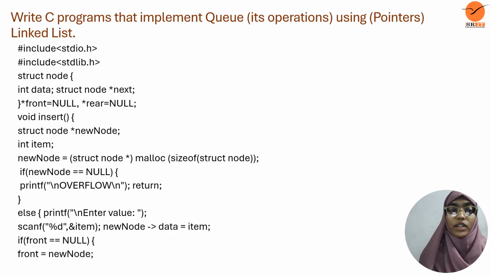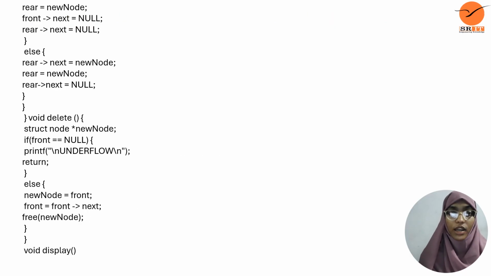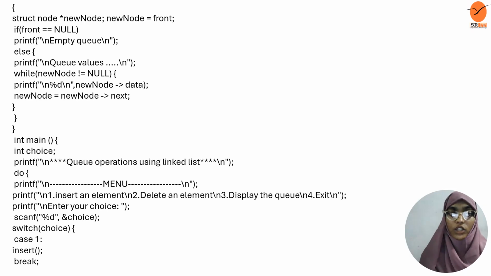And we wrote the void insert function, where we are using dynamic memory allocation, which is new node equals struct node asterisk malloc size of struct node. And we wrote all the logic of the insert function as we discussed in the previous slides. And then we declared the void delete function, and we wrote all the logic of that function. And then we wrote the display function too.